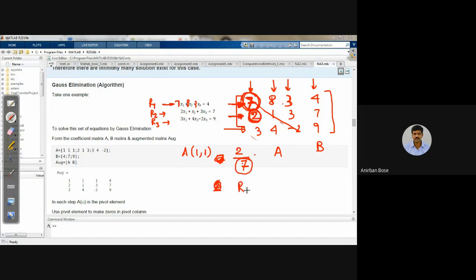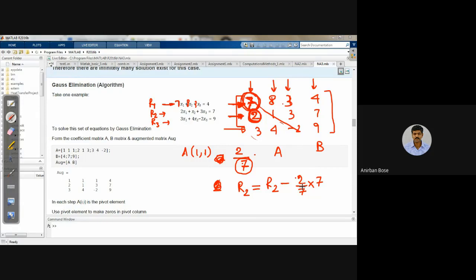Then row 2 is equal to row 2 minus 2 divided by 7 into row 1. Try to understand this clearly.